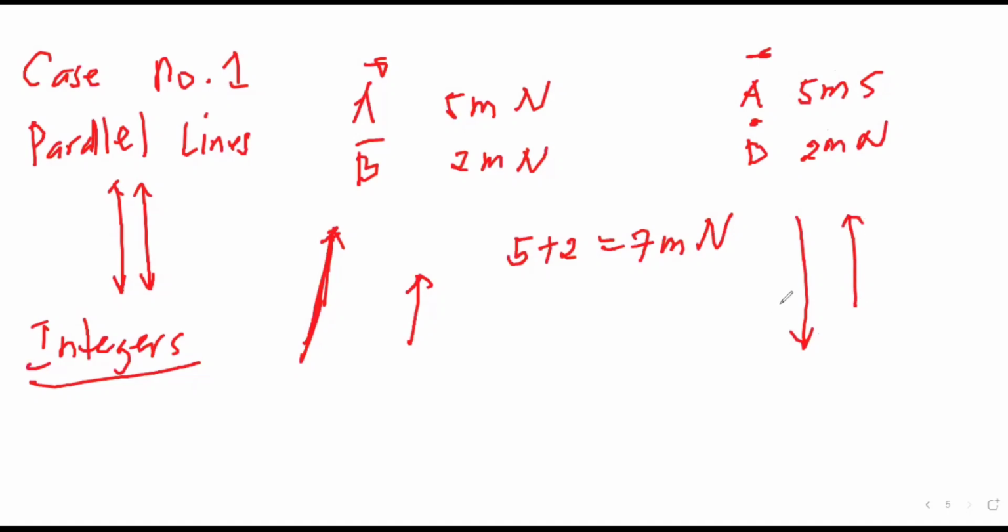Okay, so 5 is going down, and B is going up. So 5 is south, and we learned earlier that south is the negative direction. So negative 5 plus 2, because our 2 is north, so it is positive. Okay, what are our rules in adding integers if the two integers have different signs? Who remembers?